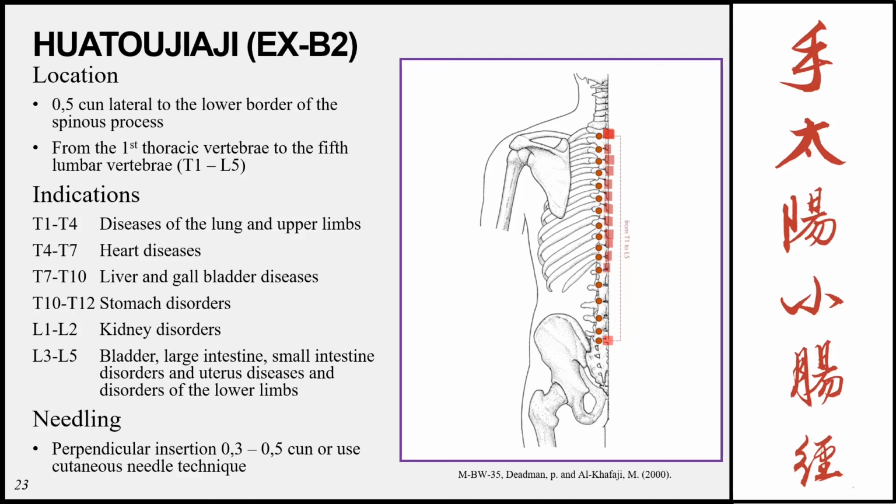And from L1 to L2, kidney disorders. And then L3, L4, and L5 can be used for bladder, the large intestine and the small intestine disorders, and disorders of the uterus, and finally disorders of the lower limbs. Insertion for these points is perpendicular, 0.3 to 0.5 tsun, or you can use the cutaneous needling technique.